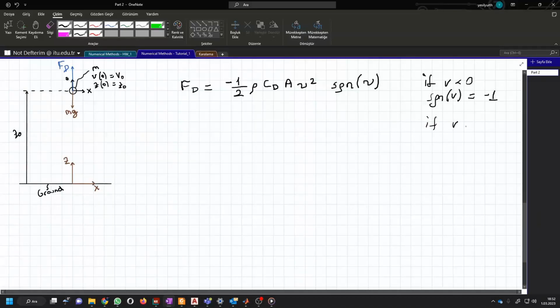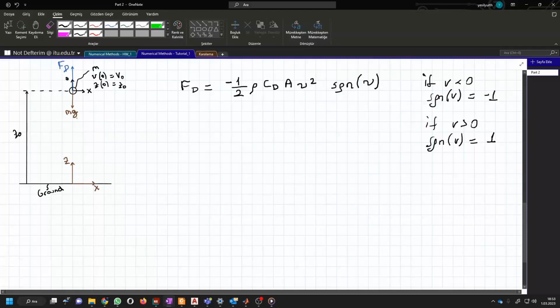Let's check the other way. If v is greater than 0, signum v will be +1, and I have a negative here, so the total sign will be in the negative z direction, which means if I am going upward, the resistance force will be downward. This is also true.